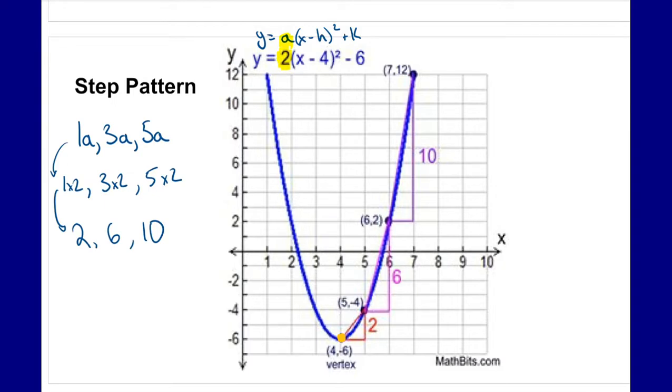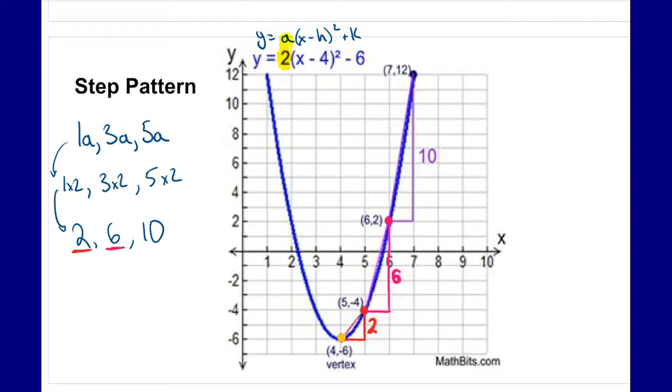We see those numbers appearing on this graph already, but let's walk through how it works. We have our vertex. We take one step to the right, and then we go up 1a, which in our case was 2. You can see here we've gone up 2. From there, we go over 1 again, and then up 3a, which is 6, and we plot our next point.